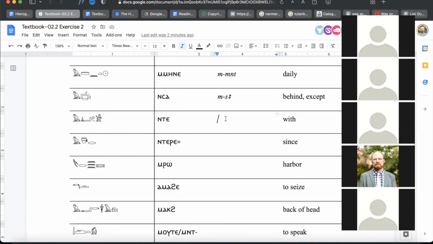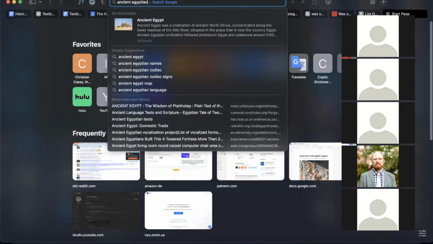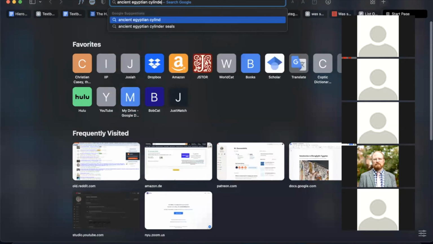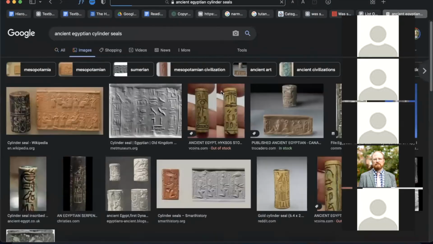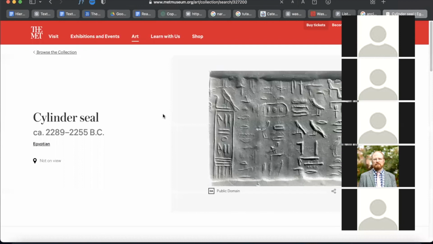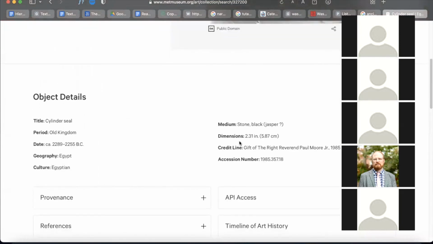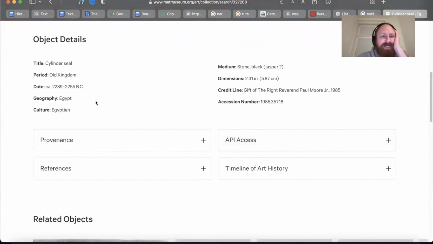Mustafa, you really want to find cylinder seals. There are ancient Egyptian cylinder seals. Yeah, I know, they're just very old. They stopped using them. They're all proto-dynastic. Actually, not, Old Kingdom. Oh, look, I've got to eat my words now. I was just proven wrong as I said the words. Yeah, Old Kingdom.